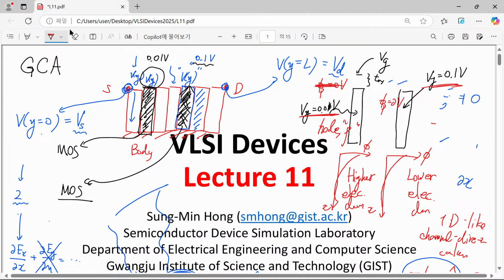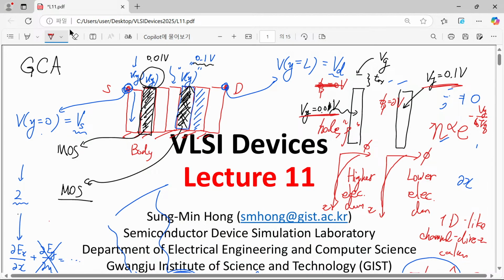Why do we have this kind of behavior? Because electron density is inversely, exponentially dependent on the quasi-Fermi potential. If we have a higher quasi-Fermi potential, that will reduce the electron density when we have the same potential profile.